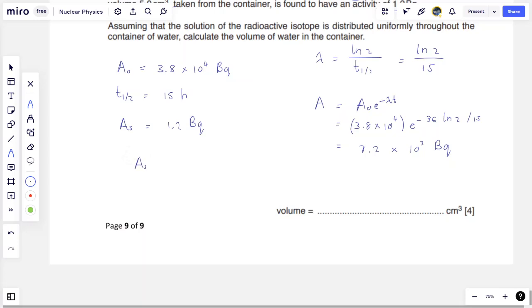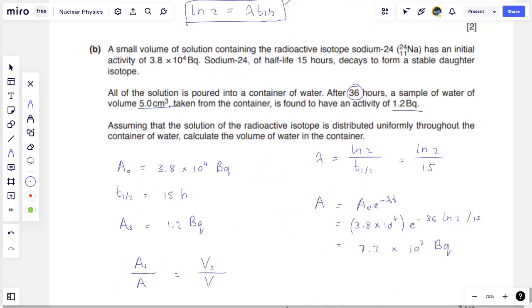So the activity of the sample over the activity of the sodium must be equal to the volume of the sample divided by the volume of the sodium, or in this case the volume of the water, which is the same as the volume of the sodium because the isotope is distributed uniformly throughout the container of water, so the two volumes are the same.